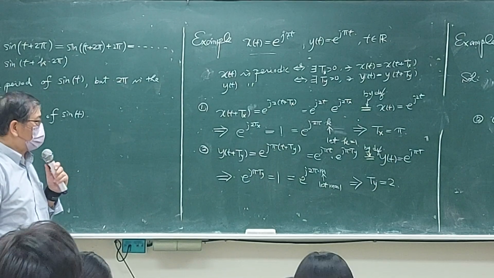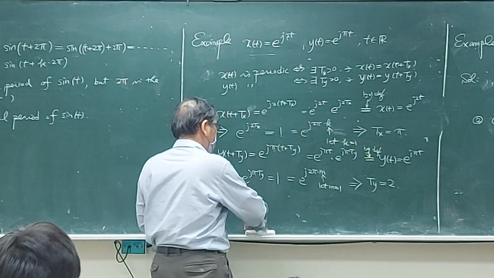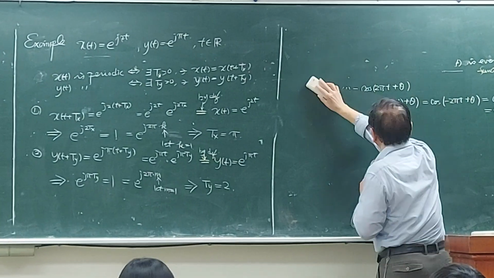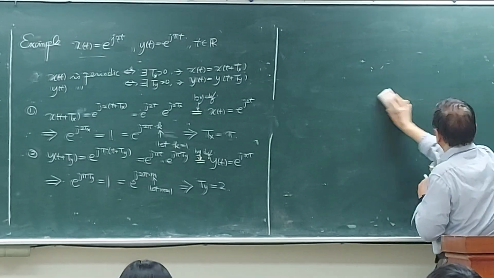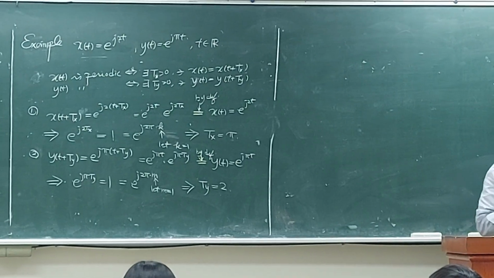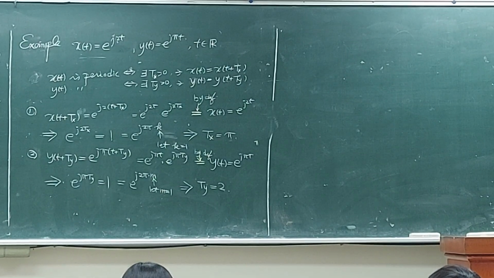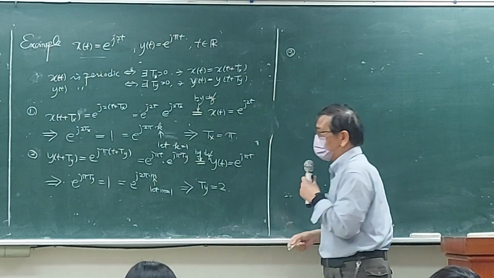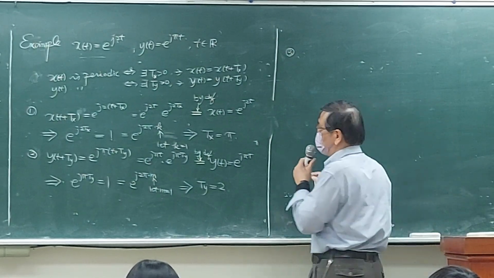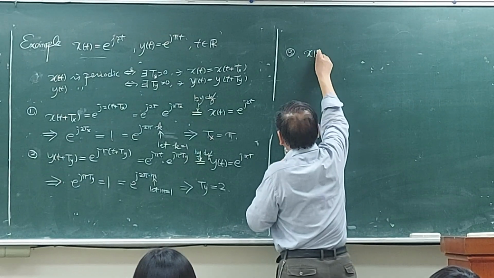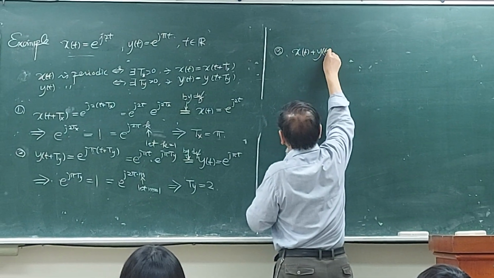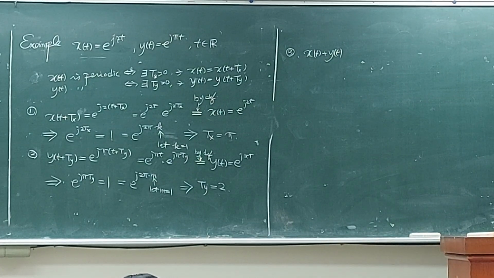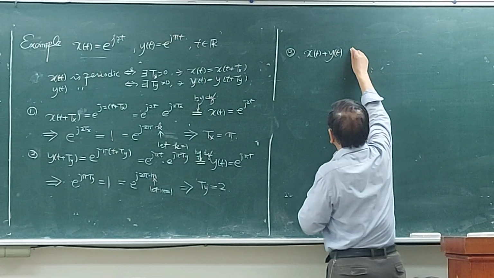Alright, so now we have solved the first two parts. Okay, now the third part of the problem. Now if we sum up the two functions, x of t and y of t, is this still periodic or not?